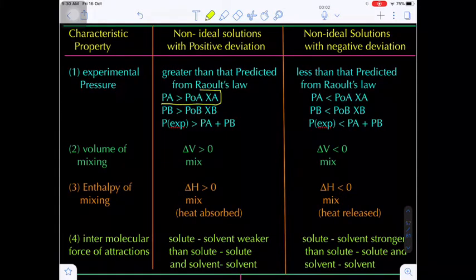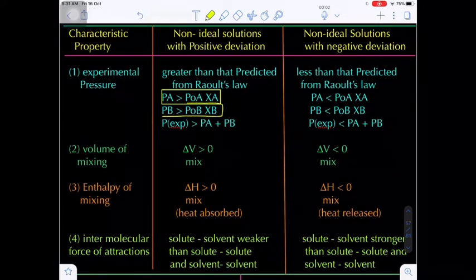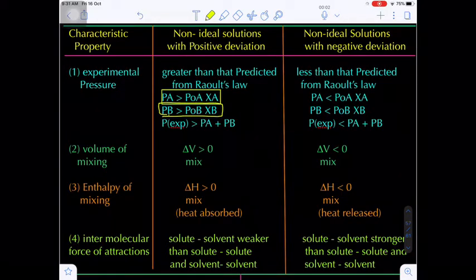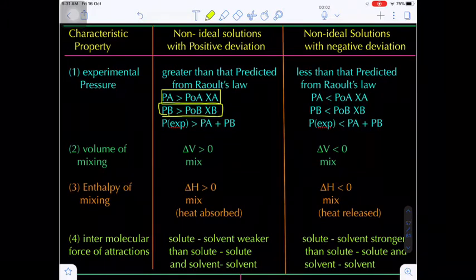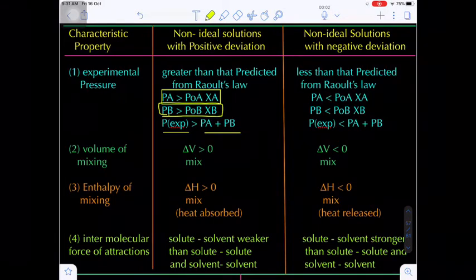Here the vapor pressure of component A is greater than P naught A into XA, and the vapor pressure of component B is greater than P naught B into XB. So the experimentally determined total pressure will always be greater than the sum of the partial pressures of the two components in the solution. This is called positive deviation, because the experimental value of the vapor pressure is greater than the value calculated from Raoult's law.